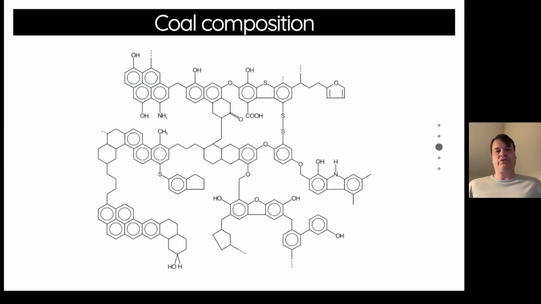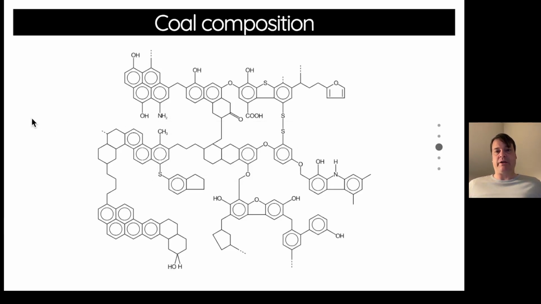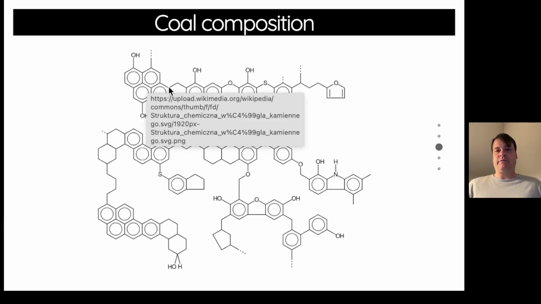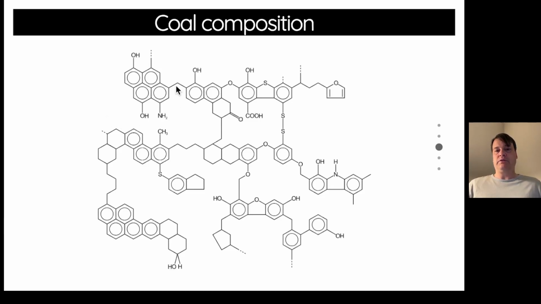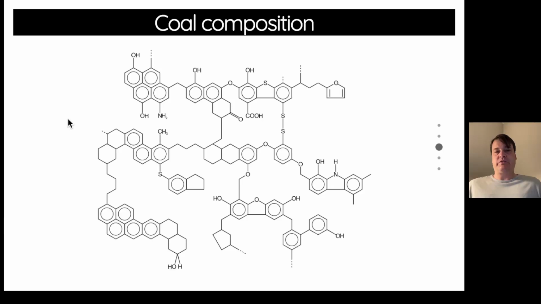Coal is an extremely complicated composition. It doesn't really have a molecule per se. It's made up of chain-like structures that consist of aromatics and aliphatic components. These aromatics are often grouped and then linked with smaller chains, and then they have side groups, and those side groups include oxygen species, nitrogen species.